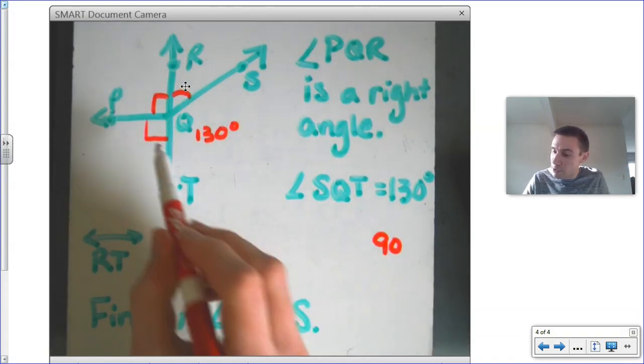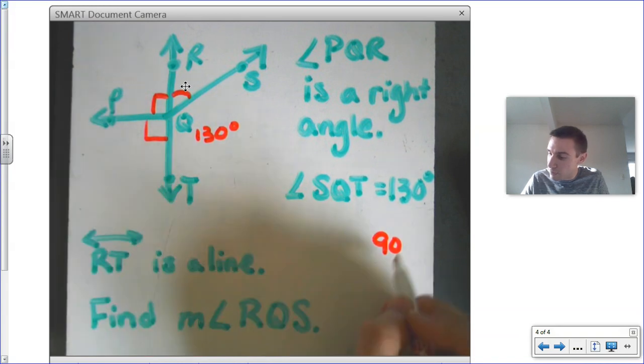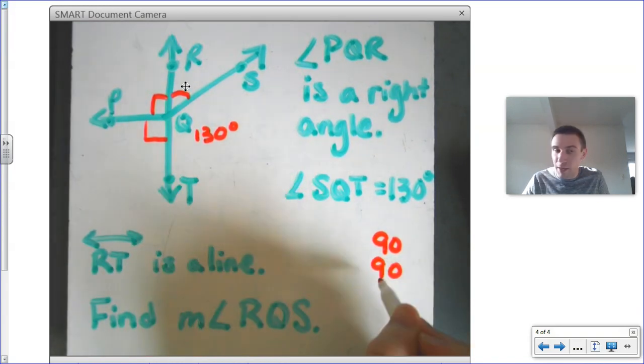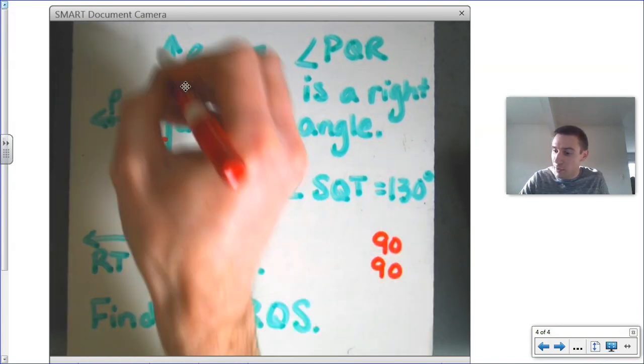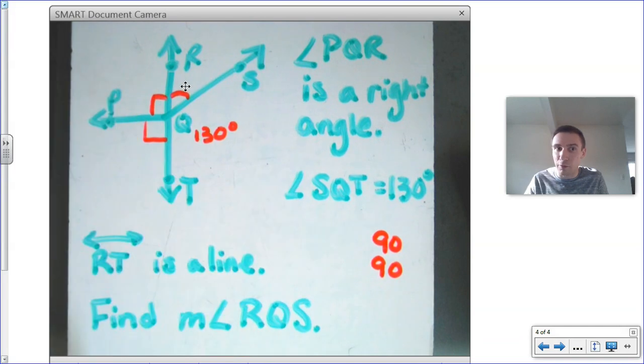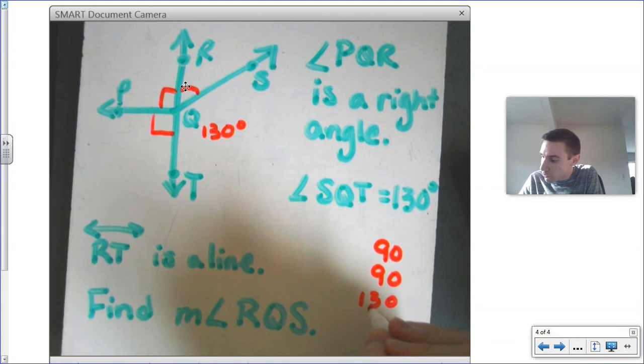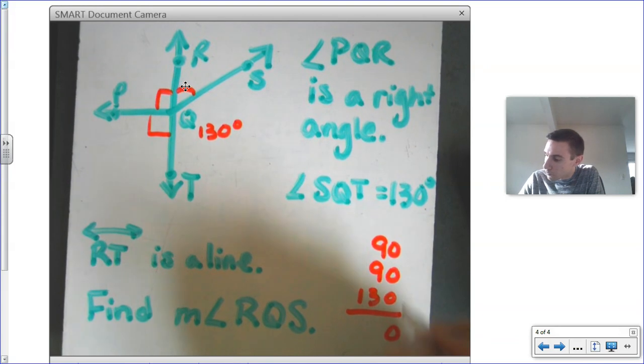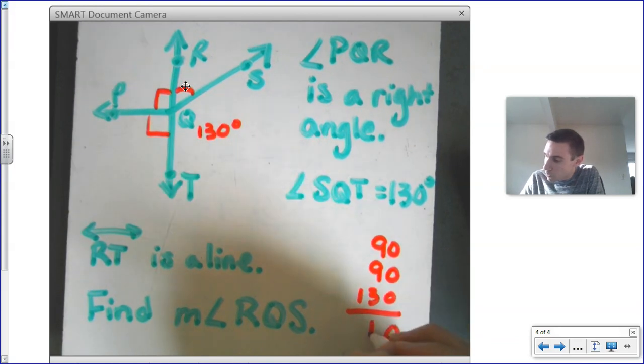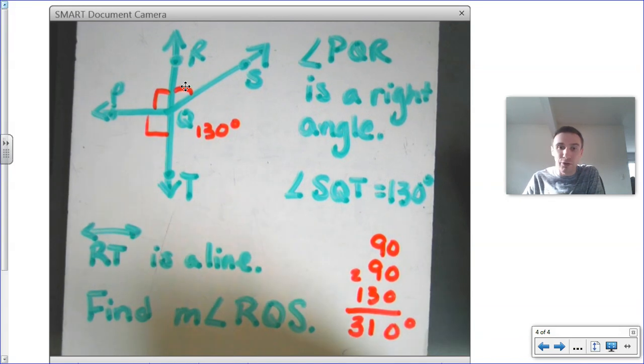I have a 90-degree angle right here in PQT. Altogether, that equals 180 degrees, and that's this side of line RT. I'm going to add 130 degrees: 18, 21, carry. I have 310 degrees so far.